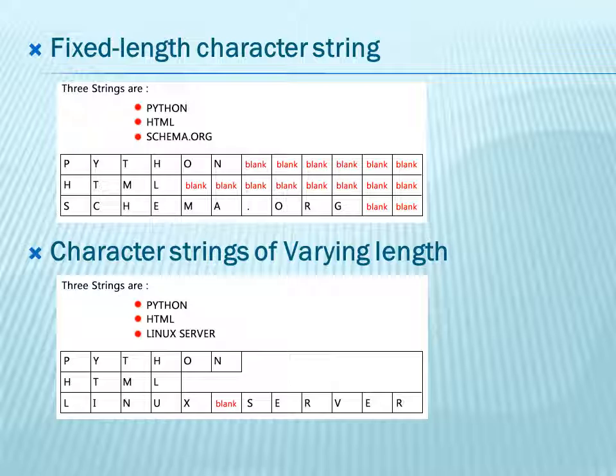For Python we need 6 character space, so 6 character space is used by Python and the rest is not blocked. That space can be utilized by another process, another data. HTML uses only 4 characters, and the remaining space is used by other data. Likewise, you can utilize the free space by other data.